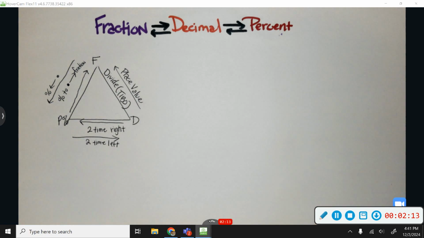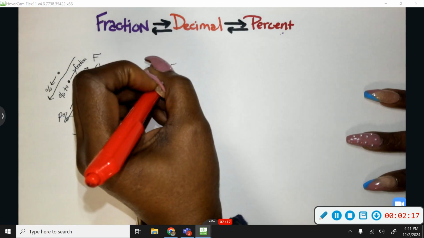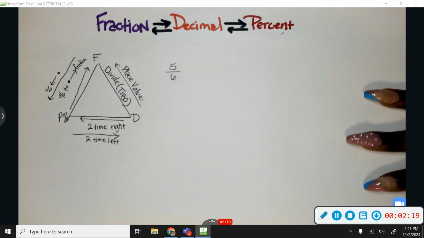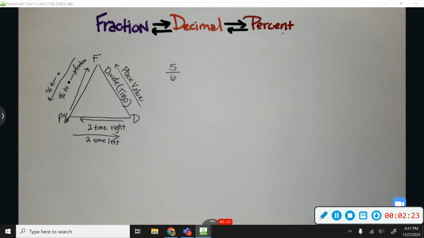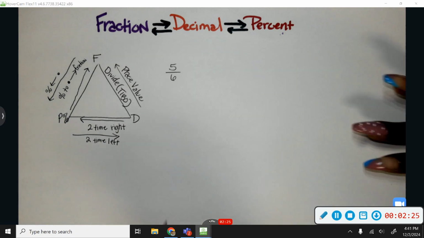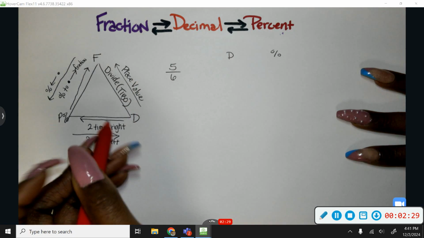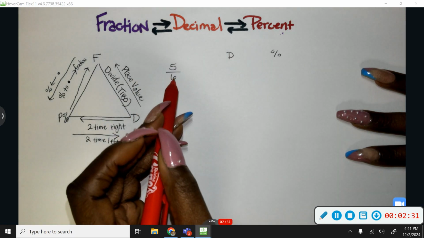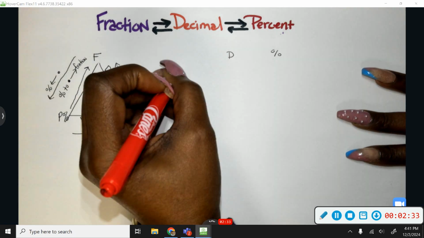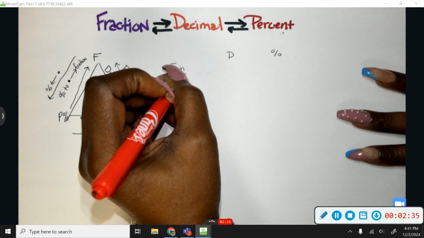Okay, so let's look at an example. Let's say I have 5/6, and I want to turn this into a decimal and a percent. So first of all, I need to convert this into a decimal by doing my top in and my bottom out.